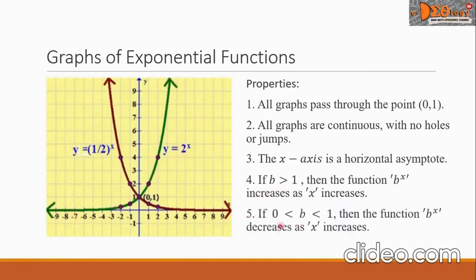If b is between 0 and 1, then the function b raised to x decreases as x increases. This is an example of a graph for property number 5. Number 6 property, the function f is 1 to 1.